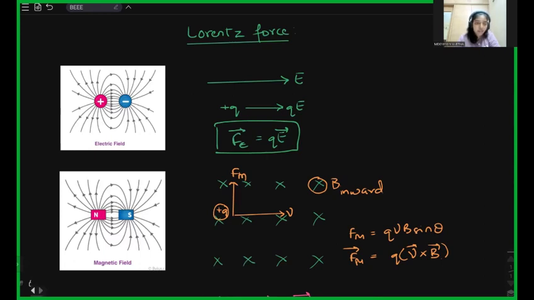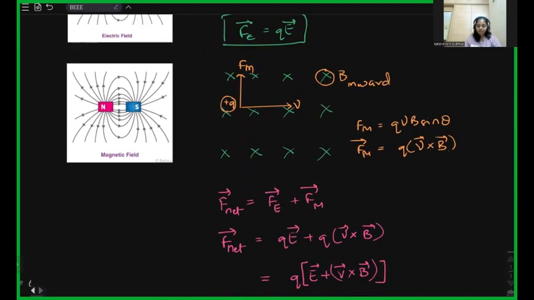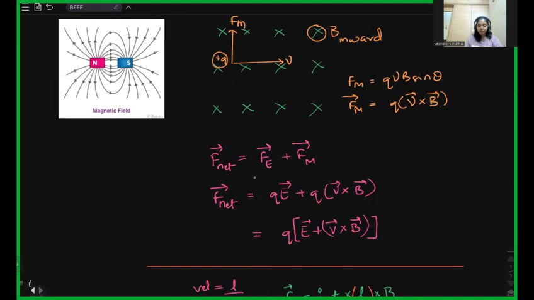The equations for electric force and magnetic force are given by Fe equals QE, and Fm equals Q into V into B. Whenever you have an electromagnetic field, there is a net of these two forces, which can be represented by F net equals Fe plus Fm.